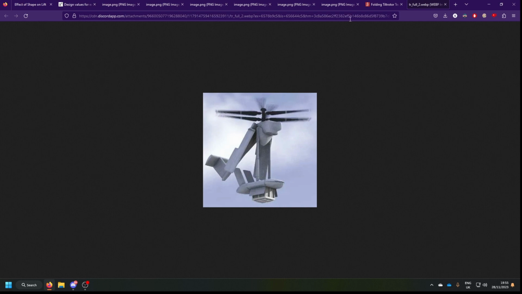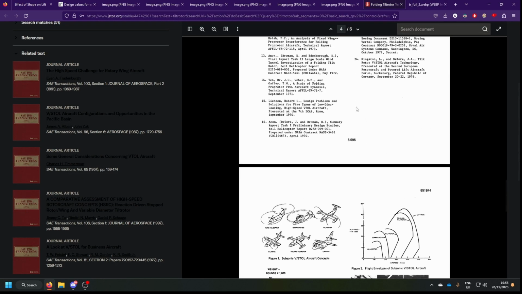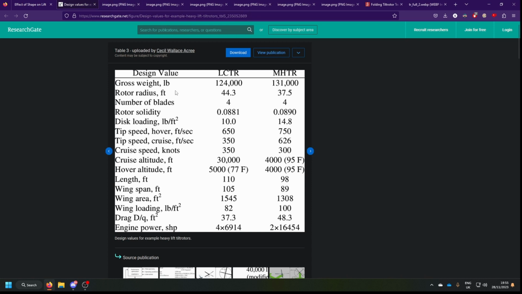Also, we found that most of this is stuff on JSTOR, and over here we found on ResearchGate information about gross weight and number of blades. Although we do deal in kilograms usually, it's in pounds here. This is like 124,000 pounds. We're trying to build a scale model type, our radio controlled one, which will have a wingspan of around a meter or a bit less, not a rotor radius of about 11 meters.